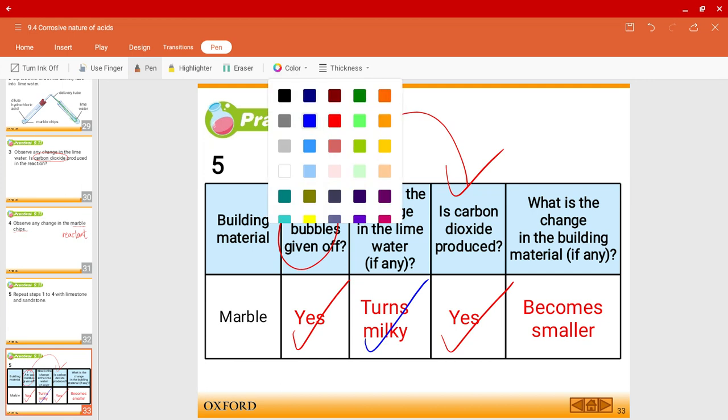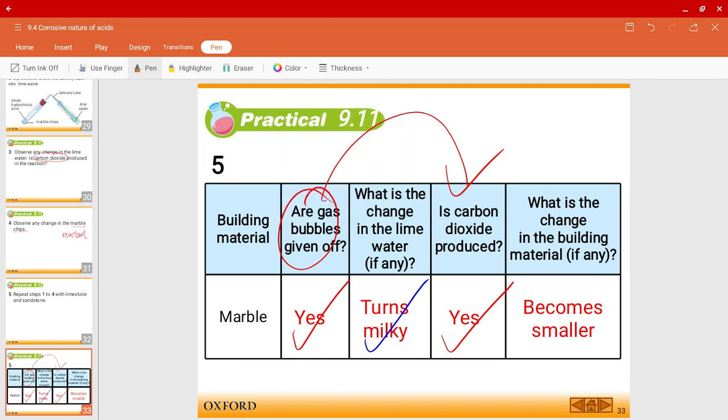One more very interesting thing is that the marble chips become smaller after the reaction. This is very similar to what we learned in the previous video when we talked about metals, because in the beginning of the reaction they are the reactants. After the reaction, the size becomes smaller.